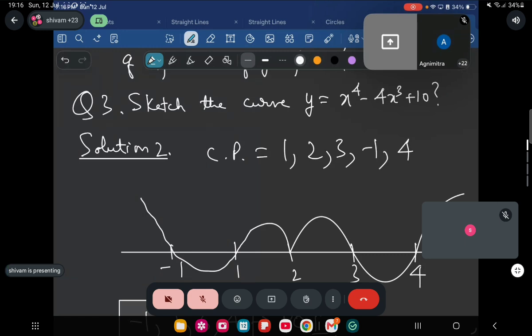Almost correct. No. Check it again. Oh, I understood. Where is the mistake? Okay, Swapnil, check your answer again. Yes, Rashishwari, your answer is... I think there is a slight mistake, but more or less it is correct. There's one point I think you might be missing.